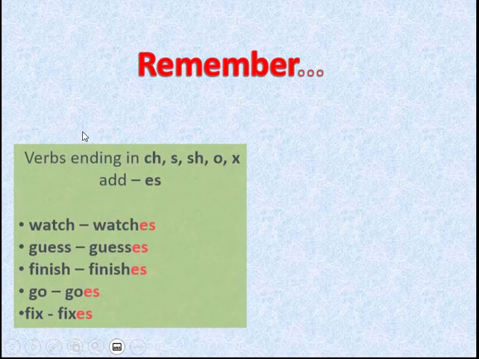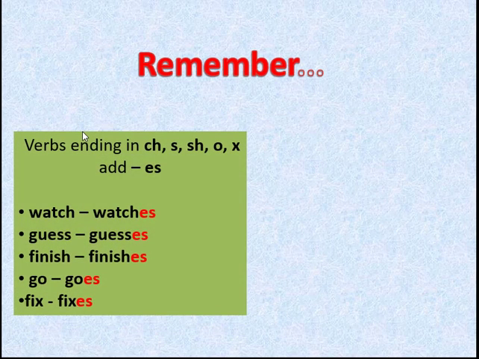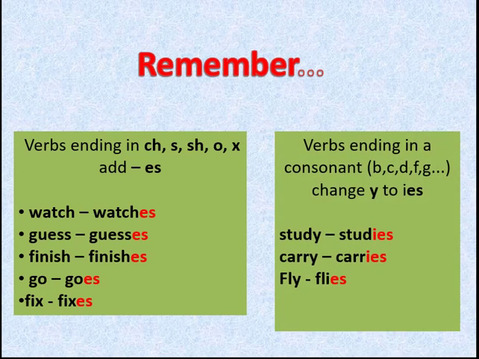But keep in mind, not all verbs take s directly. Sometimes we add es. Sometimes we add ies. Verbs that end in ch, s, sh, o, x take es.